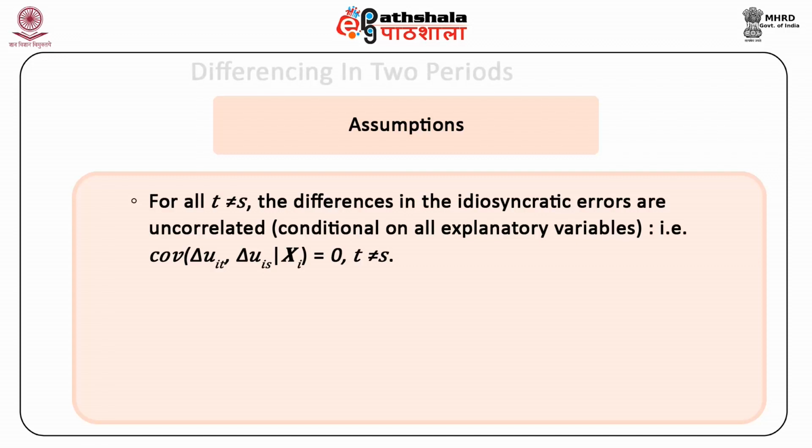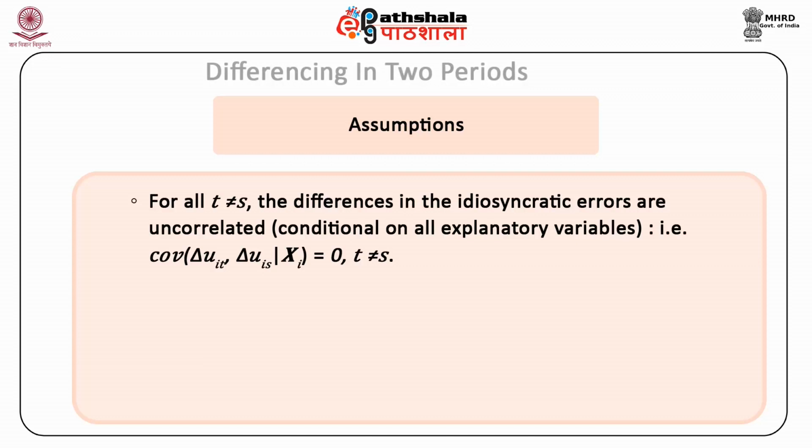It implies that the covariance of delta u_it with delta u_is given X_i is equal to 0 when t is not equal to s. This assumption means that the difference errors are serially uncorrelated, which means that u_it follows a random walk across time.